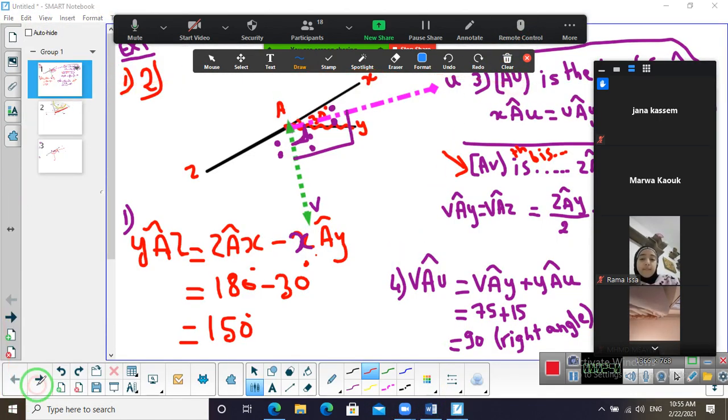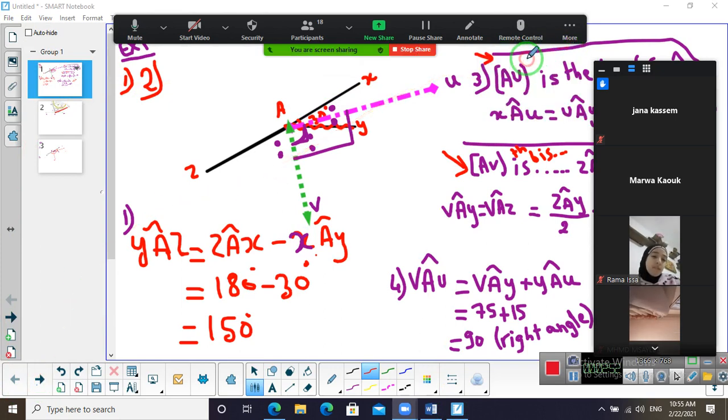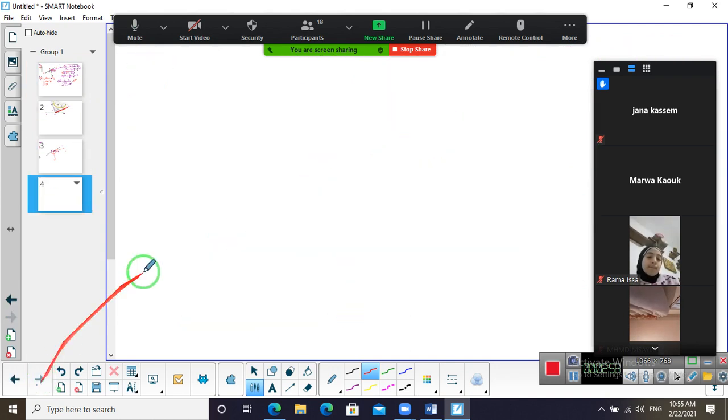Exercise 2. It's exercise 3, sorry. Let's move to a new page and write exercise 3. First of all, Rama, the angle should be equal to what?